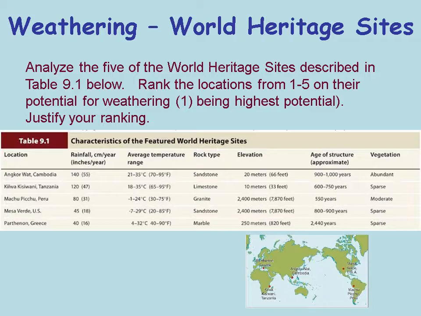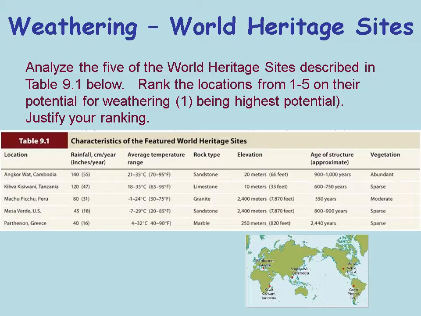It wouldn't have as many pores, so it would not have as much weathering as Angkor Wat. Also, there's not as much vegetation there. Machu Picchu in Peru is made of granite, and there's not much vegetation there, so it's not going to get a lot of weathering chemically, but it will get physical weathering from wedging and freezing and thawing.